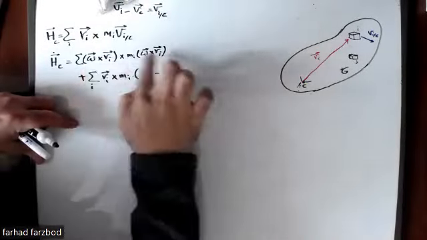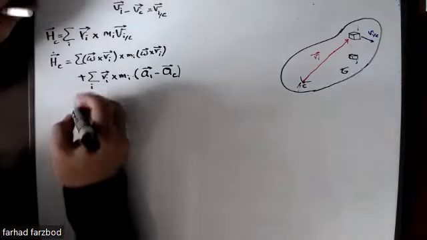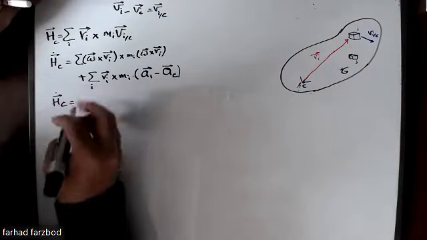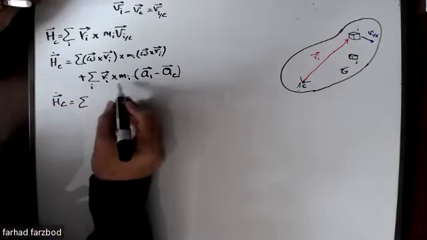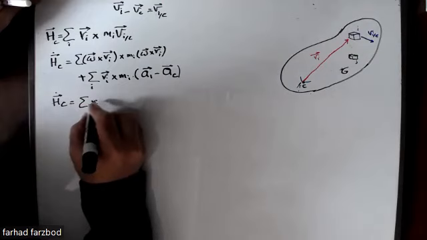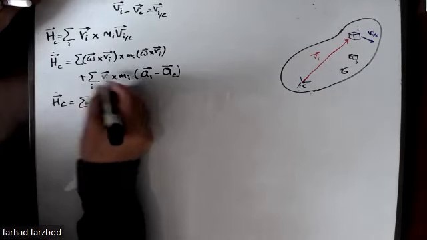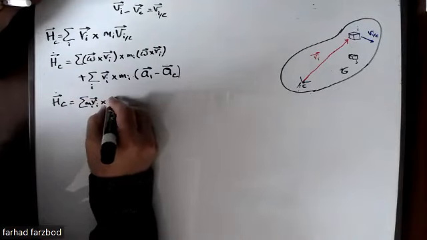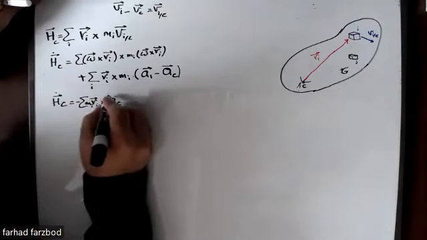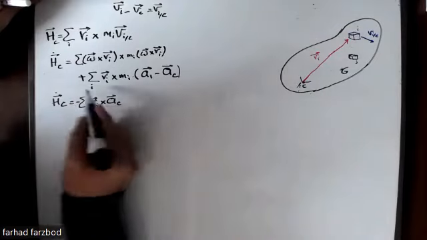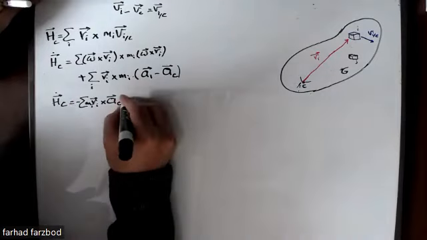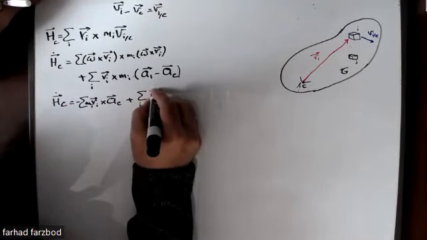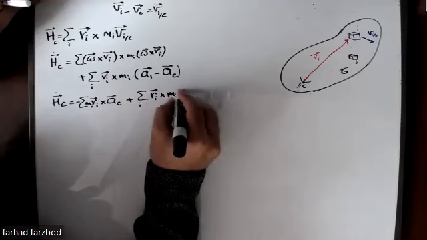So this whole term disappears, and I'm left with H_C equals sigma of R_I cross m_i A_I, with the second term written first: minus m_i R_I cross A_C.